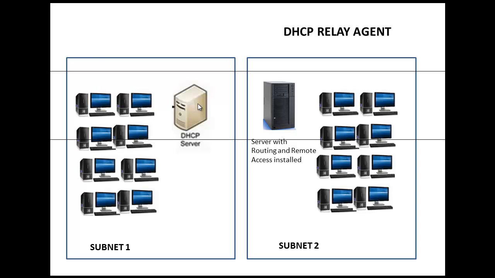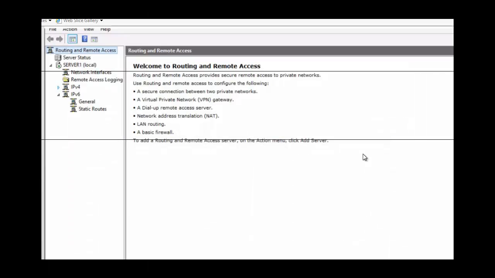We're going to take a look now to see how we would configure the DHCP relay agent. In order to configure the DHCP relay agent, we have to open Routing and Remote Access, and we can open that from the Tools menu on the Server Manager dashboard.